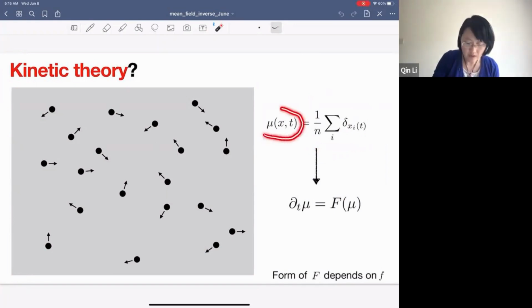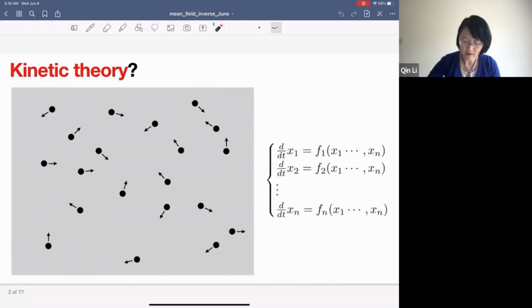So now the distribution of the particles needs to evolve instead of each particle trajectory. And the distribution itself satisfies, instead of an ordinary differential equation, a partial differential equation. Its time evolution, its time dynamics, is governed by an operator on the right-hand side. This operator acting on this distribution gives you the dynamics of the distribution. So immediately you see there are two different ways to describe the dynamics of particles.